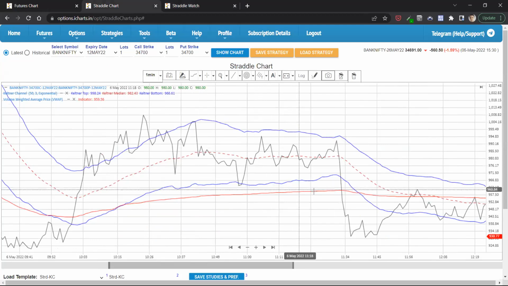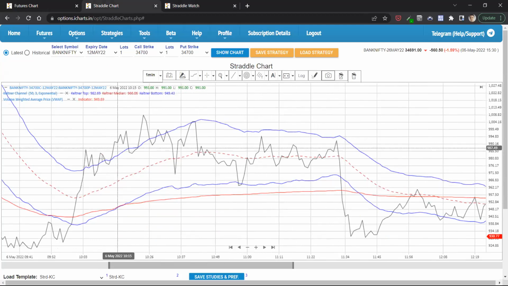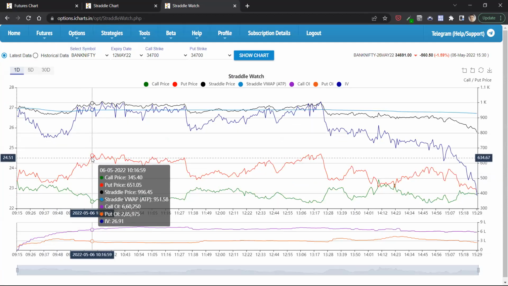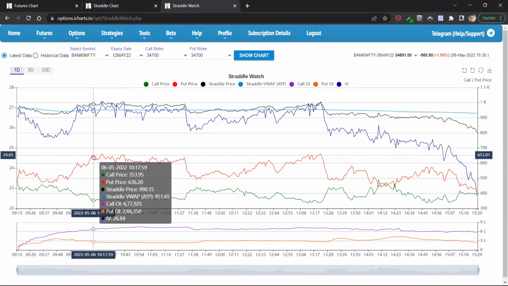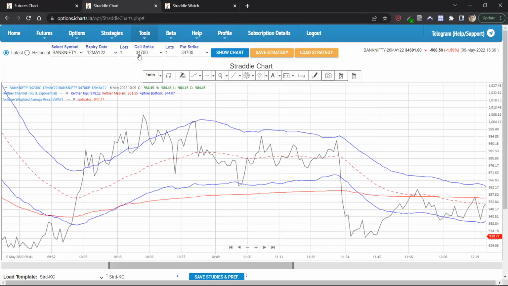It has gone below, either here or here. Maybe you would have bought over here at 10.15, whatever the price was, maybe at 6.51.